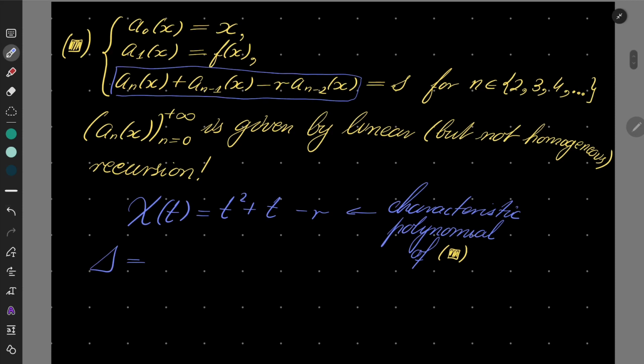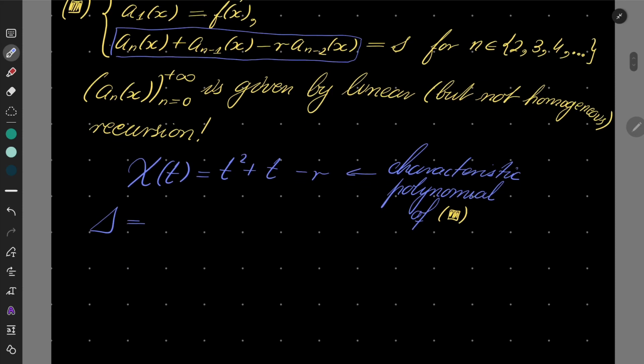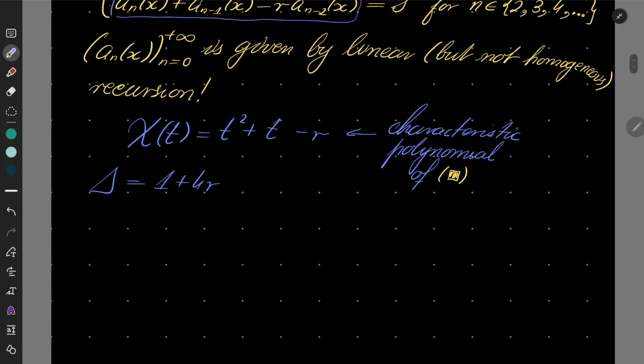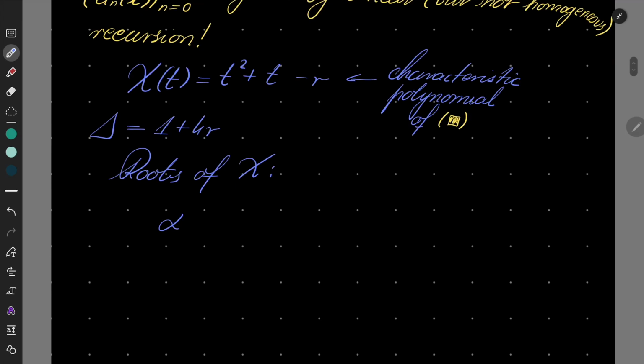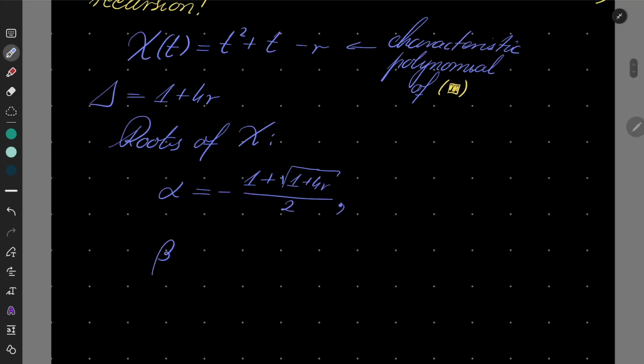So the quadratic discriminant, capital delta, is just 1 plus 4 times r. So we have two roots, roots of chi. One root, I will call it alpha. It's minus 1 minus the square root of 1 plus 4r, over 2. And the second, beta, is the square root of 1 plus 4 times r minus 1, over 2.